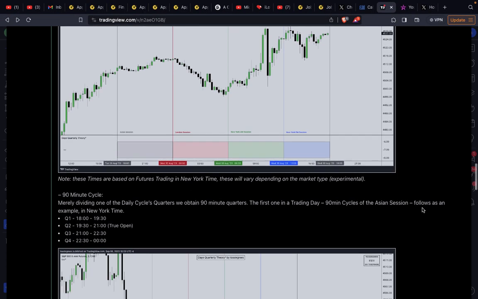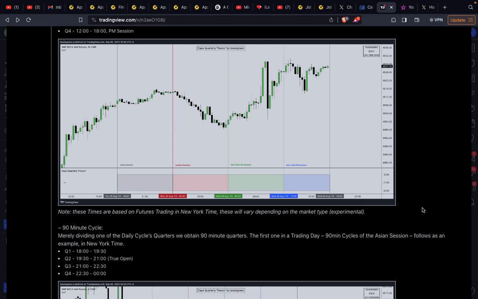I note these times are based on futures trading in New York time. These will vary depending on the market type. It's experimental. I really think this tool is amazing on futures or indices, so US 500, Nasdaq. So far what I've seen is crisp, amazing. I haven't checked it out on Forex, even though I'm not really a Forex guy.